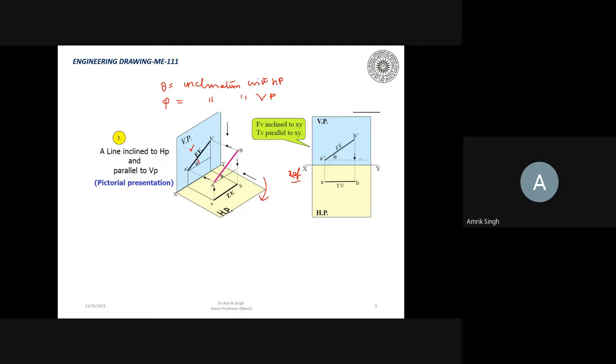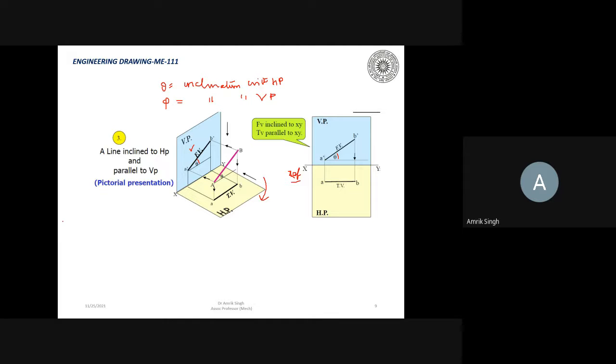When the distances are not given, you can draw this line anywhere and mark this angle theta. If the length of the line is given, you can measure the length and draw this. And then you will draw the perpendicular. So it will be AB.